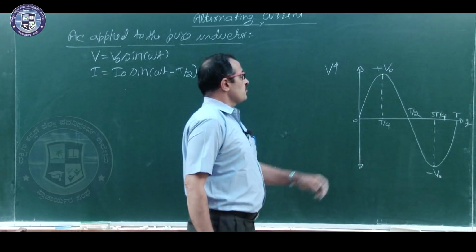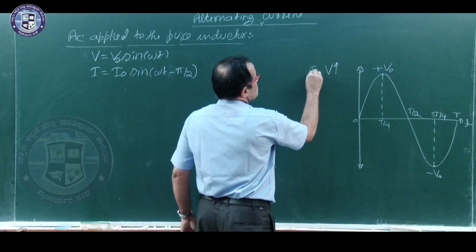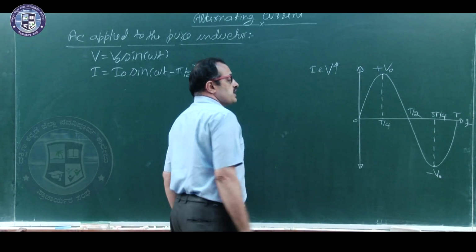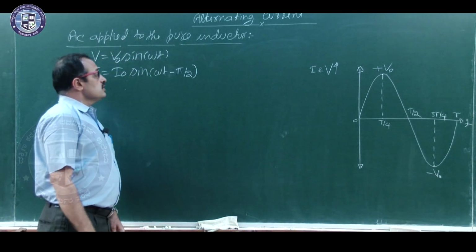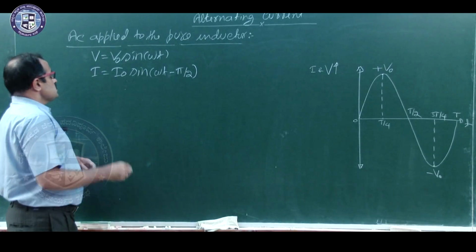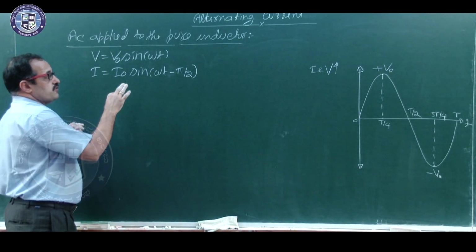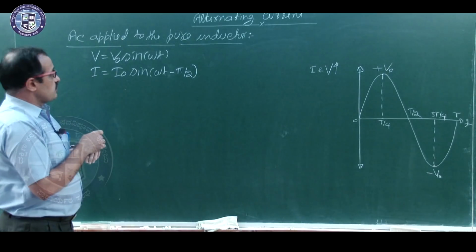This is the graph of voltage, and in the same graph we plot current also. Now, see, we discuss in detail how to plot the graph.